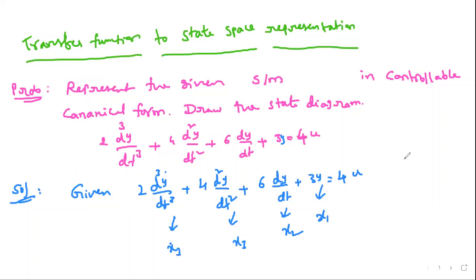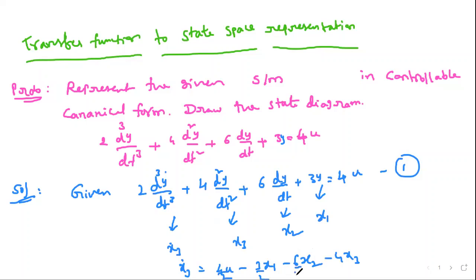See, this is the first equation. From this, d cube y by dt cube is equal to x3 dot. So we need to find x3 dot, which is equal to 4u minus 3x1 minus 6x2 minus 4x3, all divided by 2. So by 2 for everything.